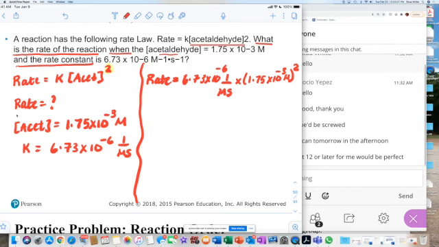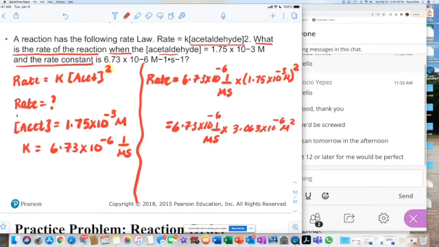Okay, I got some numbers, a really small number. So what I'm going to do here is, I'll just rewrite it. 6.73 times 10 to the power negative 6, 1 over ms, times this number here. Wow, I get 3.063 times 10 to the power negative 6, m squared.